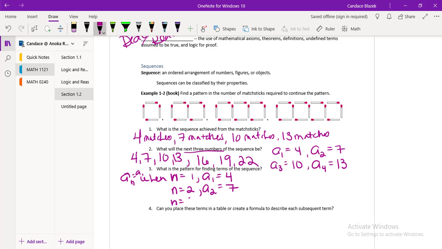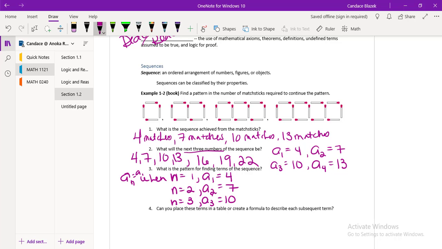When n is equal to 3, a sub 3 is equal to 10. So we look at a combination of the number of the term and the value of the term.